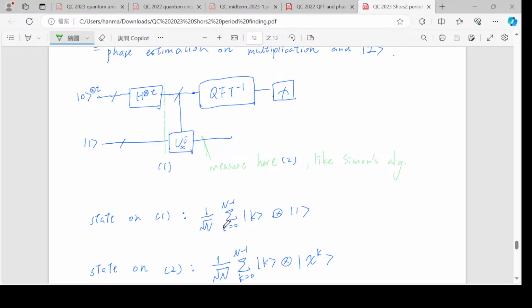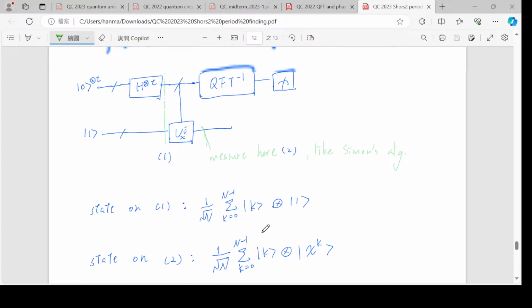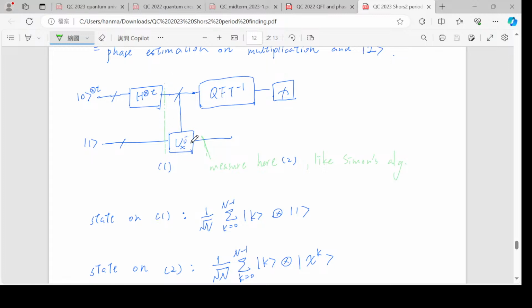We start with 0, which goes through the Hadamards. So on register 1, we have an equal superposition of everything from 0 to N, where N is 2 to the small n.